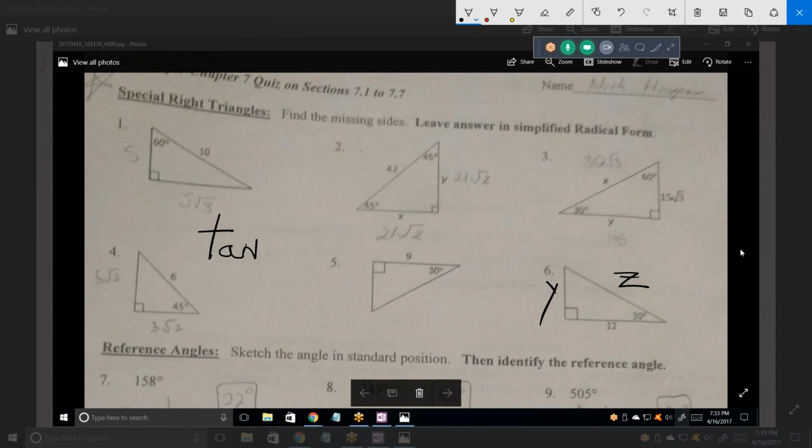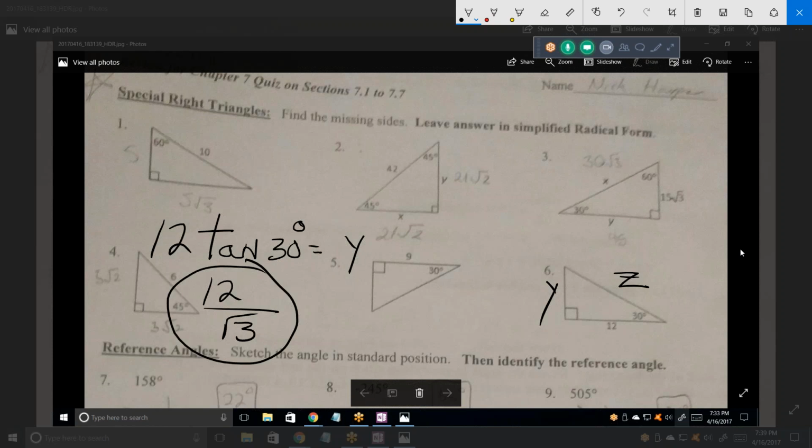Of 30 equals y over 12. Which makes y equal 12 tangent of 30. Again, that's 12 over root 3. So if they let you give that answer, give that answer. If it has to be rationalized, again, this is going to look a lot nicer rationalized. It's going to be 4 root 3.